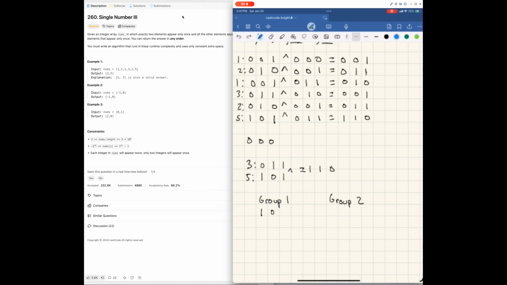Okay, so let's say we're going to group all these by this. What are we going to get? All right, well, let's mark down which one goes into group 1. And I'm going to circle them here with a green circle.